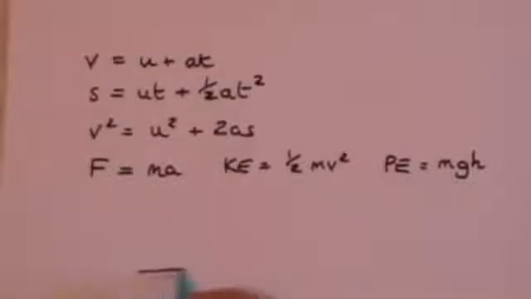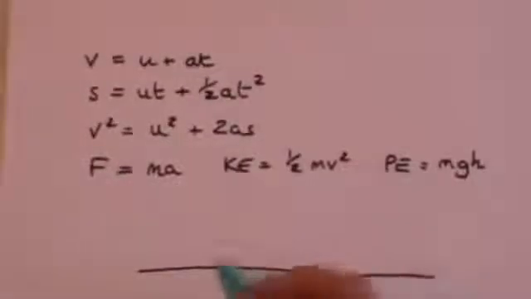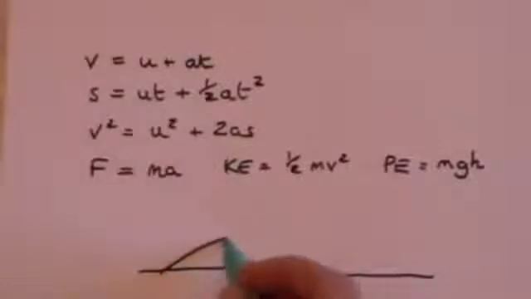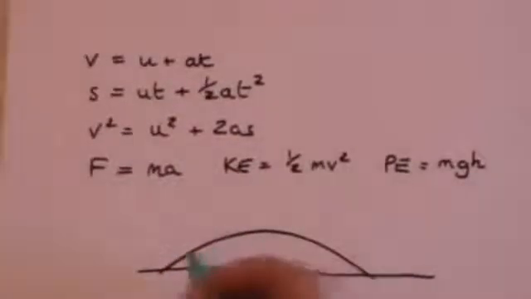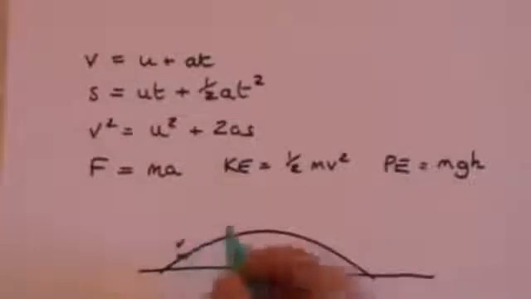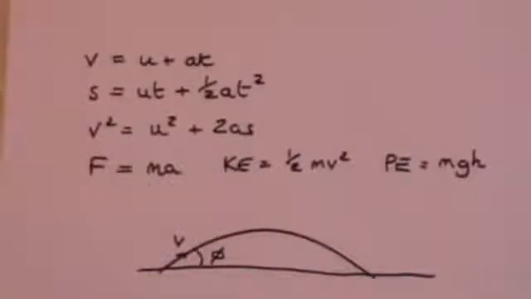For example, if I were to give you the situation of a ball that is thrown at an angle into the air, it describes a parabola. If I were to tell you the initial velocity of that ball and the angle at which it was thrown, then you could tell me everything I wanted to know.